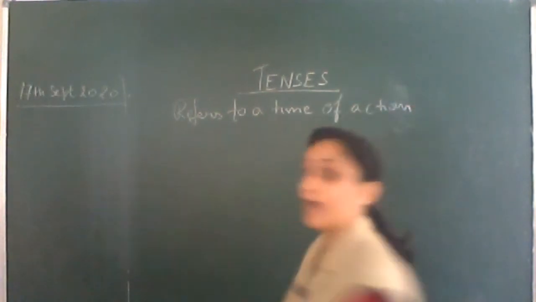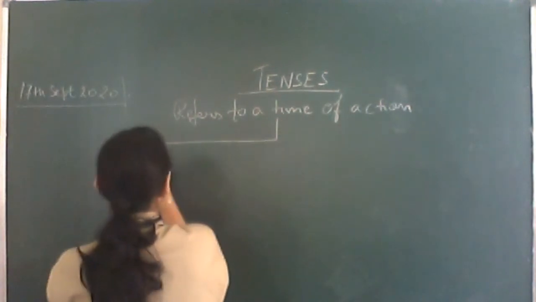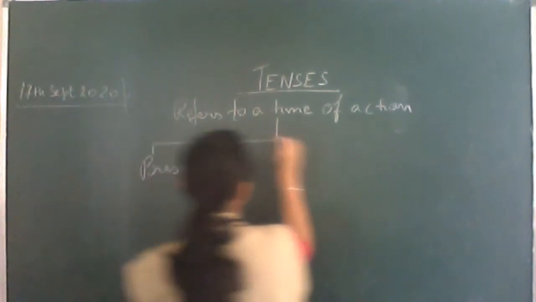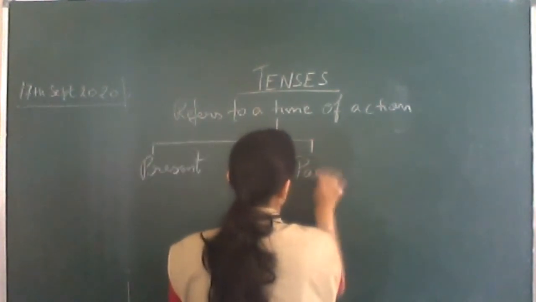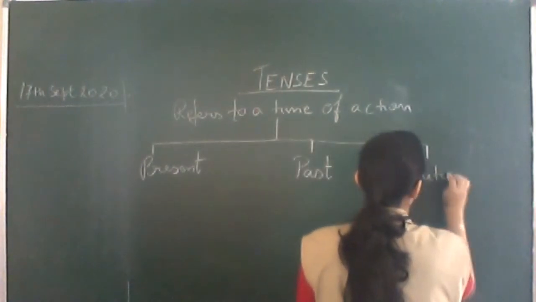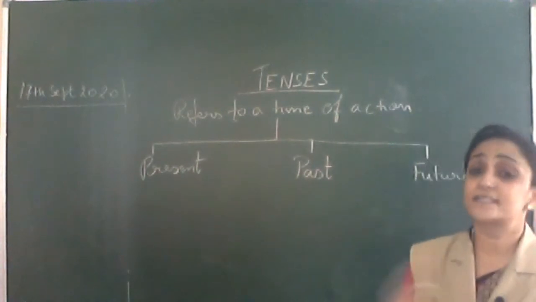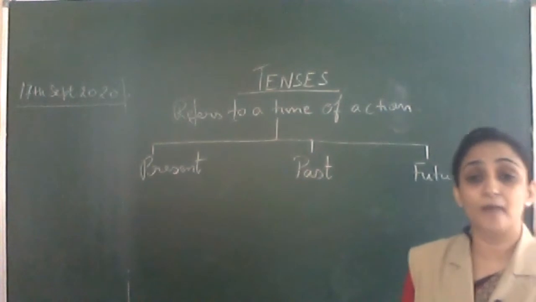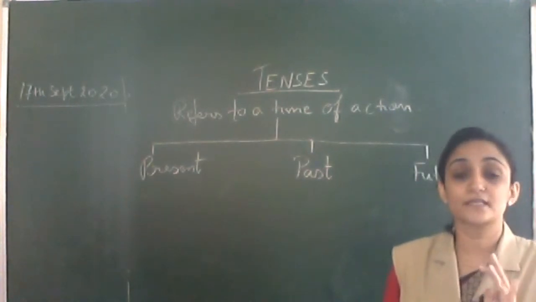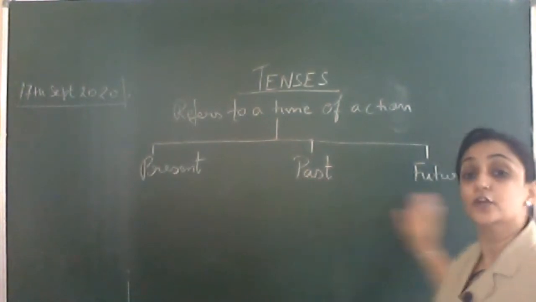And what are the three types of tenses? The first is the present tense, second the past tense, and the last one is the future tense. They have subparts also. For example, simple present, present continuous, present perfect continuous. Same way in past as well as in future.